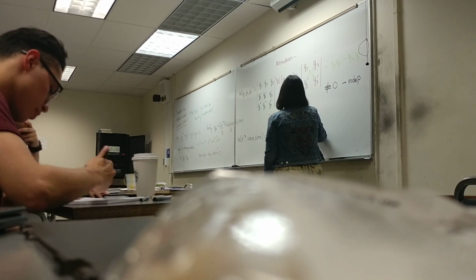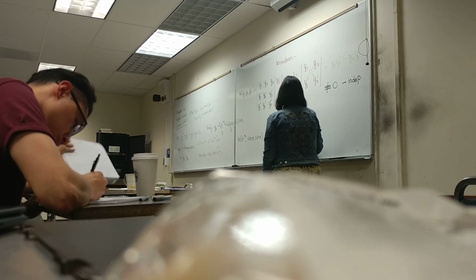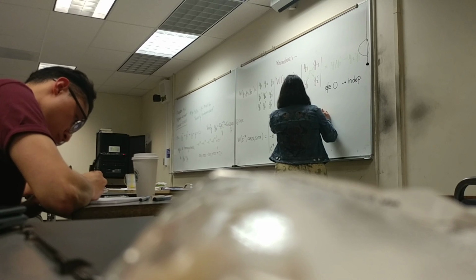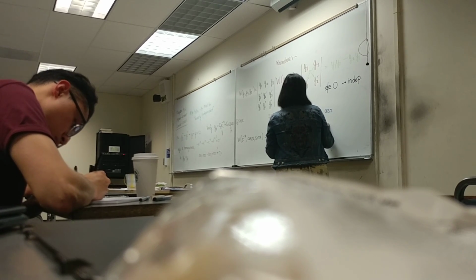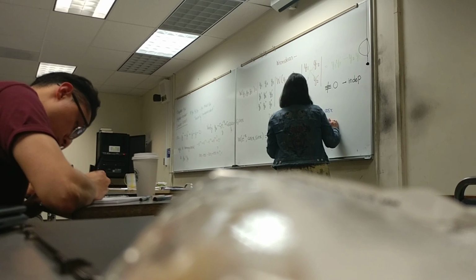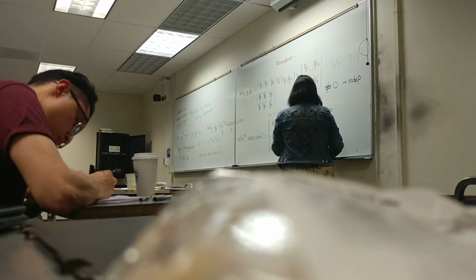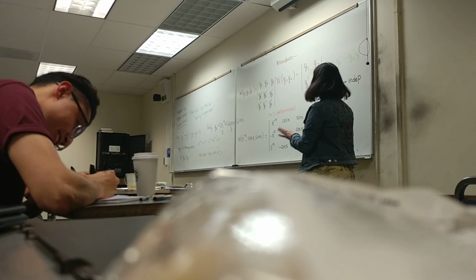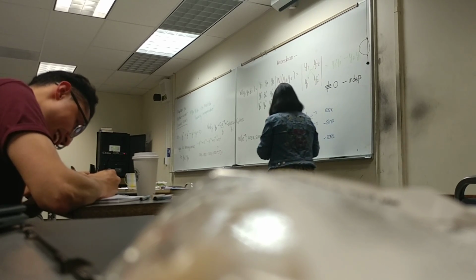So e to the negative x, negative e to the negative x, e to the negative x. And then we copy the cosine column. Cosine x, negative sine x, negative cosine x. And then an engineer shows me this and I say, really? That's a shortcut? So tomorrow I may show you the math shortcut, which is really better.